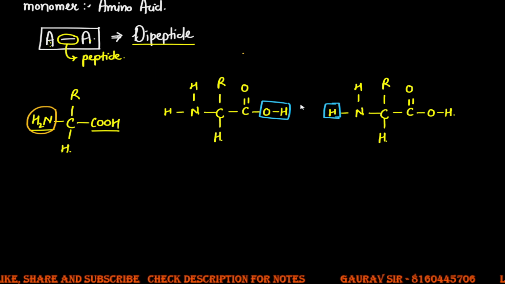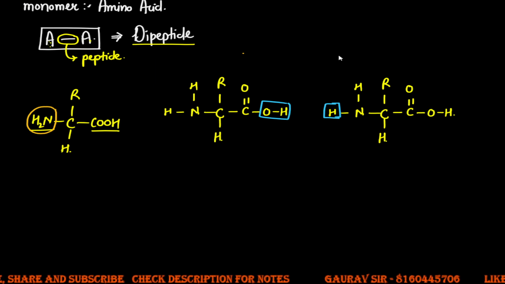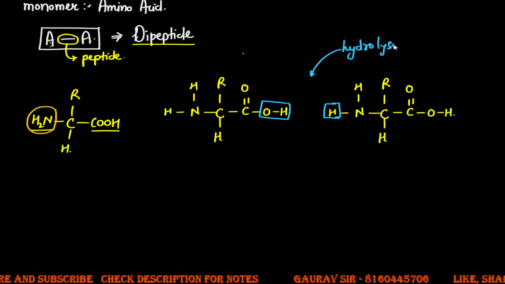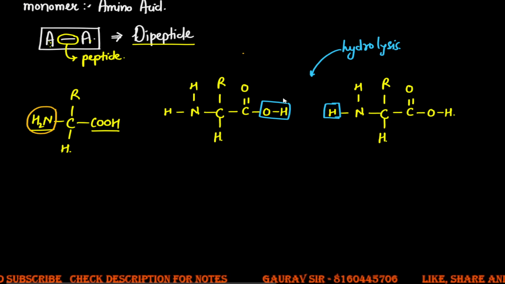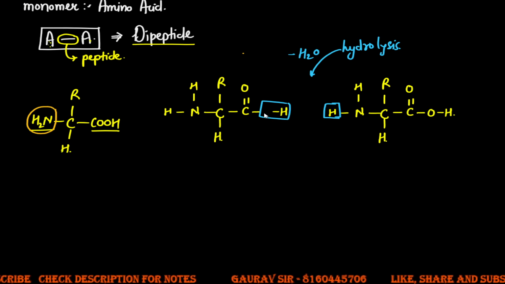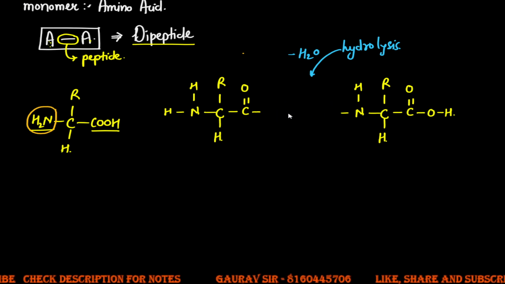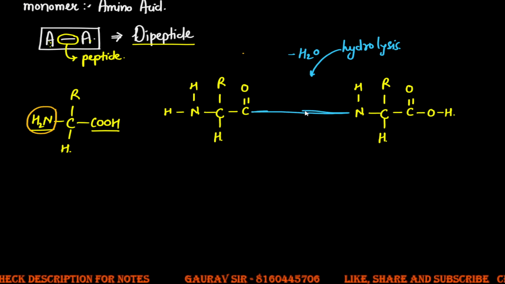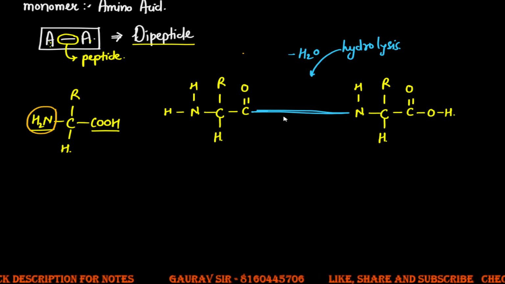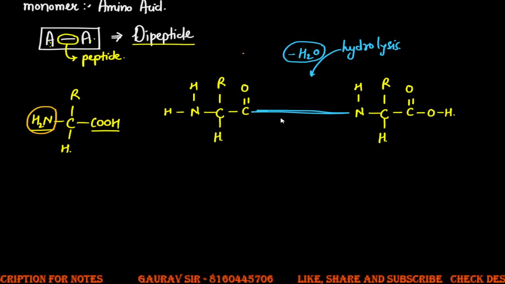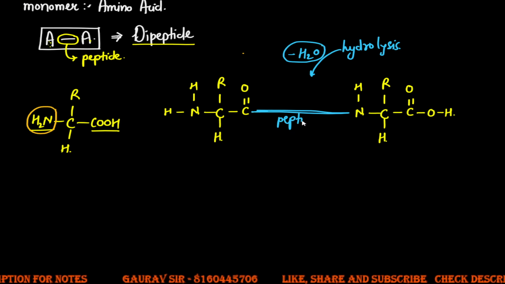They will form water, and as soon as the water is removed, they'll form a bond between this carbon and N, the C and N. So this bond that is formed by the removal of the water molecule between the two amino acids is called a peptide bond.